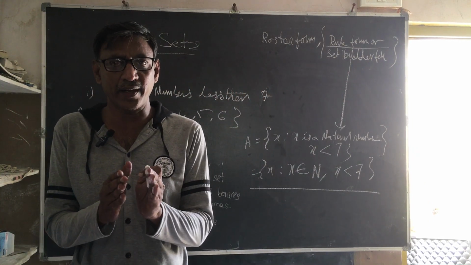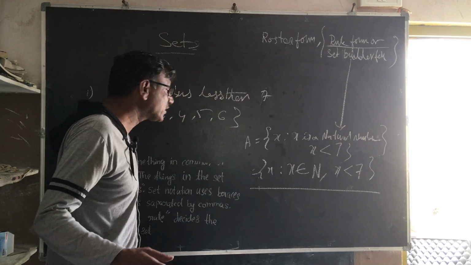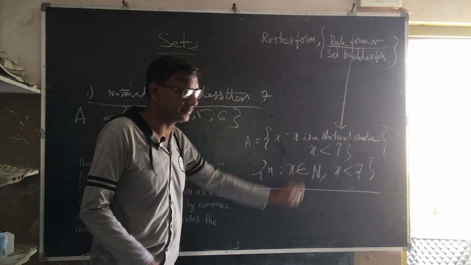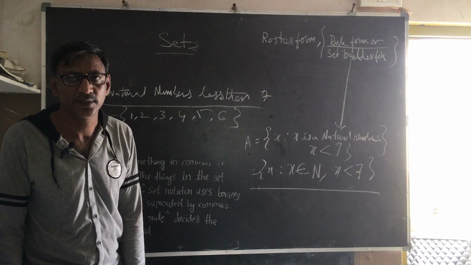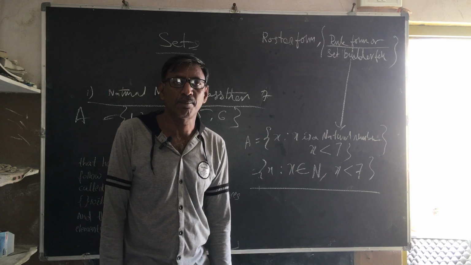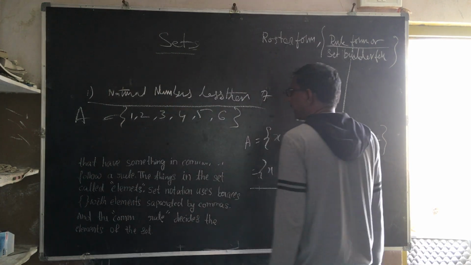So a set we can express in two ways. One is the roster form, just listing all the elements according to the question. Sometimes they may ask for the set of months in a year. How to write? Months in a year.